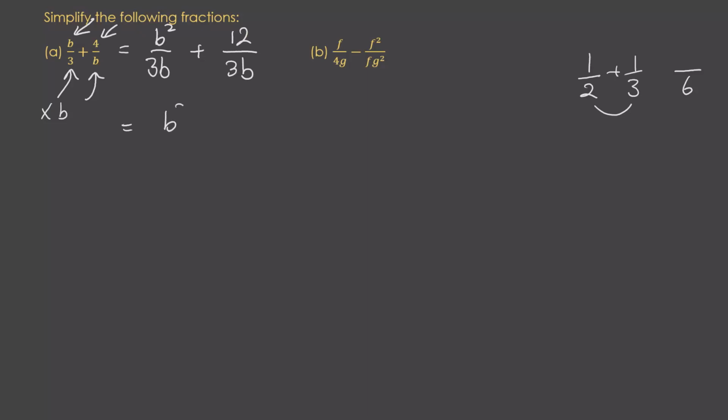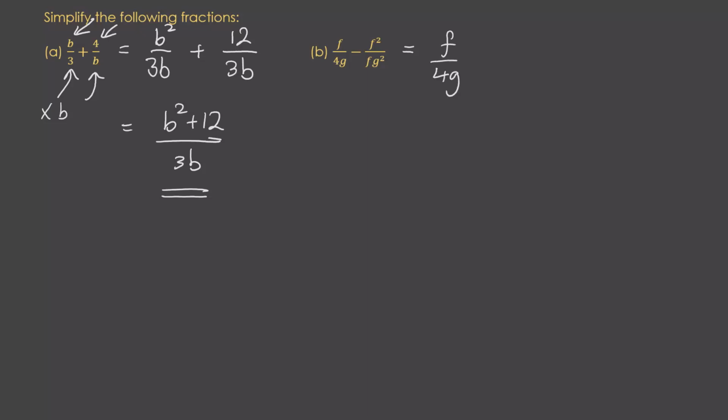And now we can see that we have b squared add 12 over 3b. Now we have to do something else first here with this one. I've got f over 4g, take away f squared over fg squared.